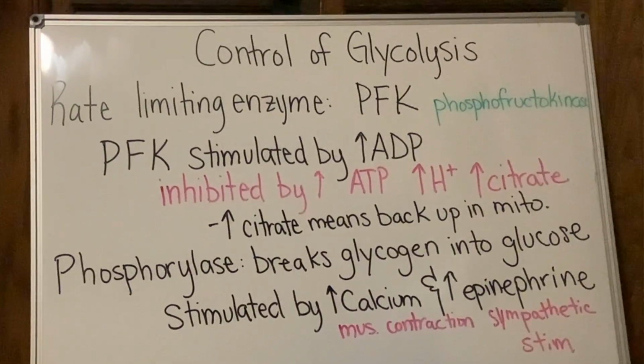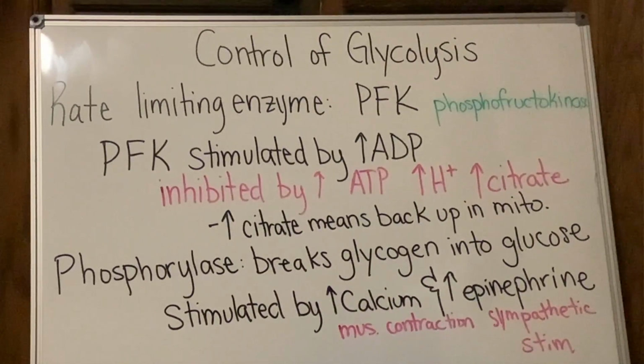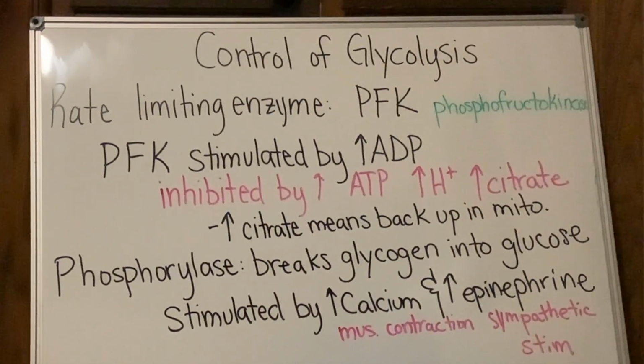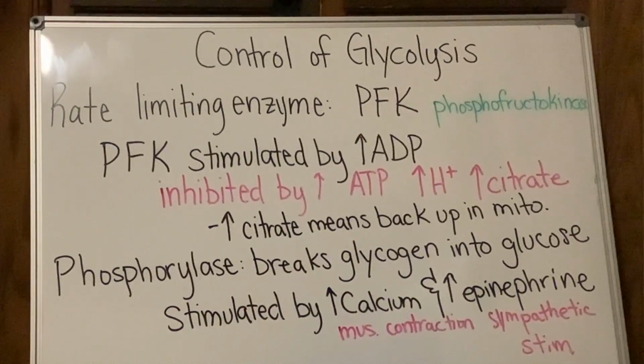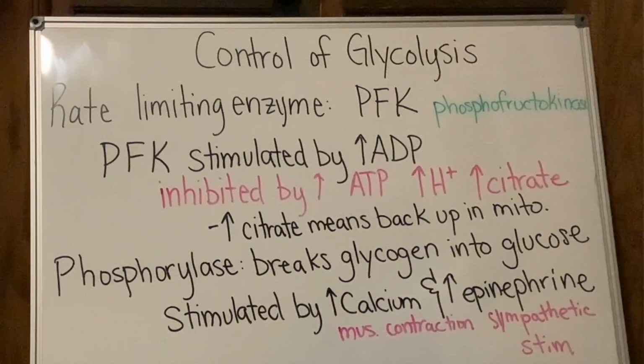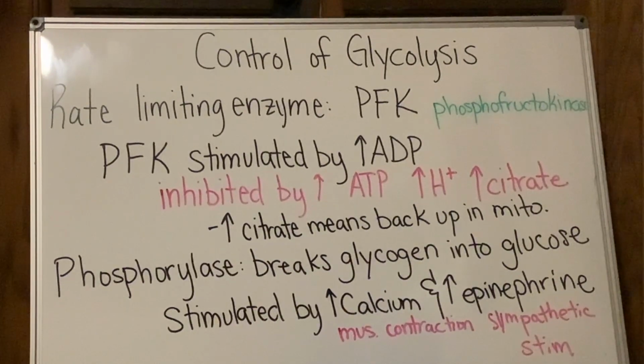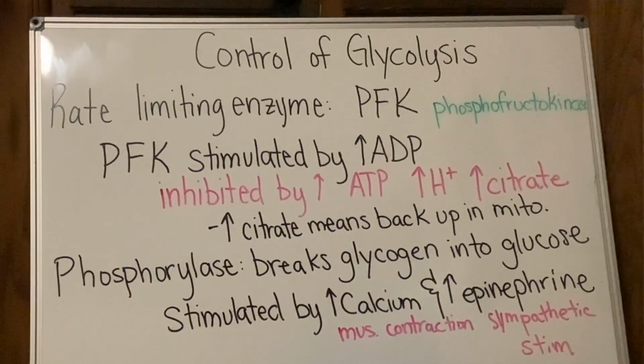Again, an increased concentration of ADP indicates that there is inadequate ATP production for the metabolic demands of the cell. By having PFK be stimulated by ADP concentrations, it activates PFK to increase its metabolic rate and lead to the greater production of ATP.